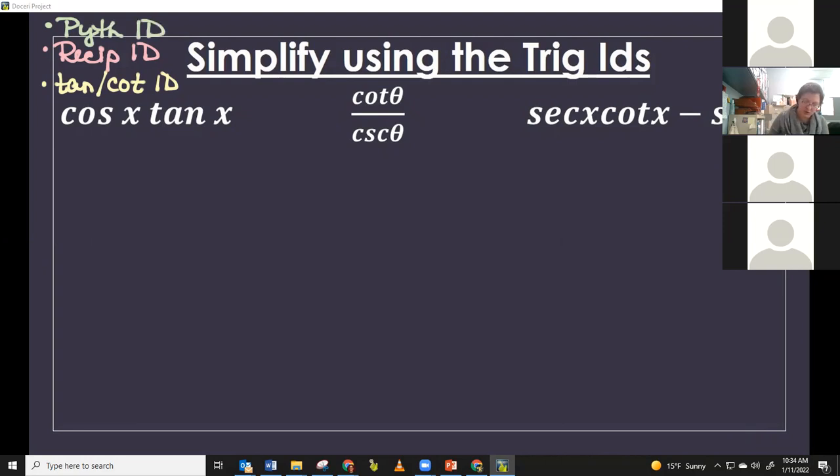We want to use those to simplify these different expressions. One of the hints that I have for you: write everything in terms of sine and cosine.